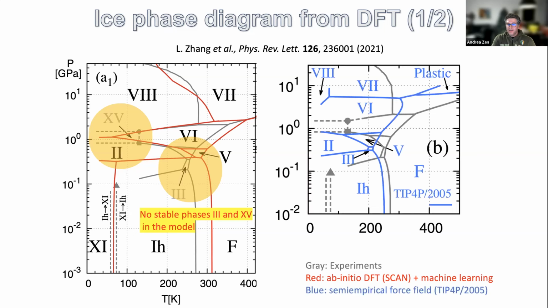And if one tries to see the phase transitions with one of the most used force field potentials, which is TIP4P, we have that TIP4P would actually have phase 3, although even this phase diagram is not perfect. So, okay, this is one work.